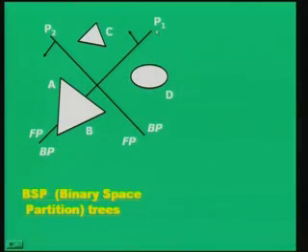So, that is what is done in this figure, where we split the three dimensional space. This is a three dimensional figure. The plane P1 splits the three dimensional space into a front and a back partition.